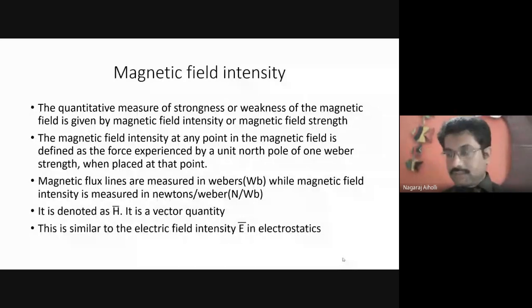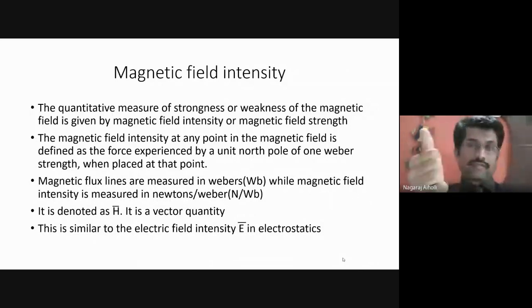This is just a brief introduction. Whenever we consider a current carrying conductor, the direction of the current flowing in the conductor is indicated by the thumb, and the curl of your fingers gives the direction of the magnetic flux lines.